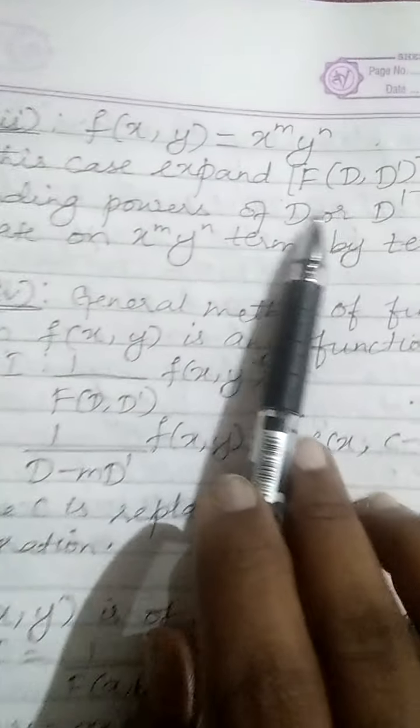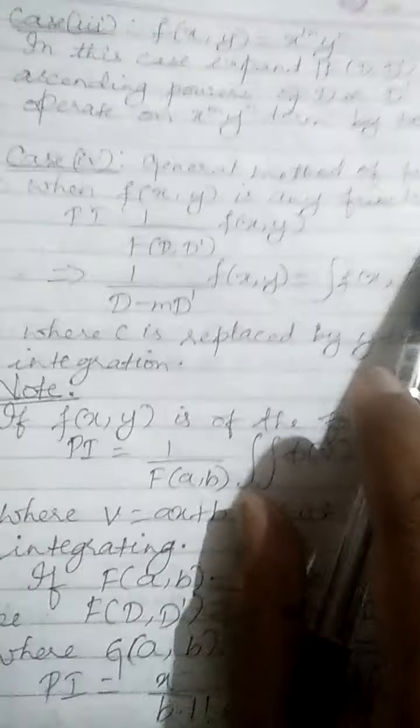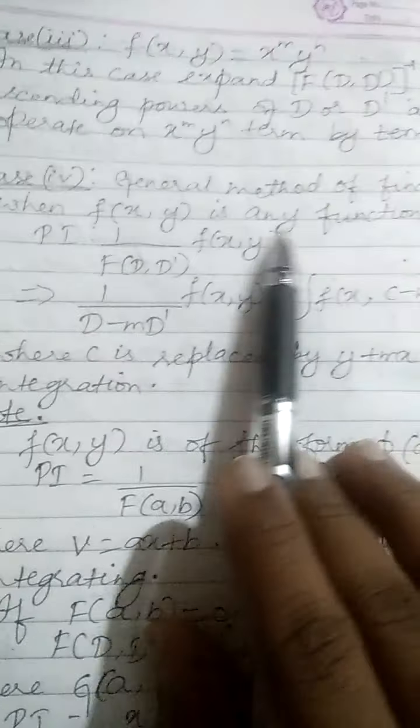Next, case 3, f(x,y) equal to a polynomial. If we have a polynomial, we should write the denominator in the form of f(D, D') and take the inverse. After taking the inverse, we should expand it in powers of D or D' and operate it on the polynomial. Case 4 is the general method of finding the particular integral when f(x,y) is any function of x and y.